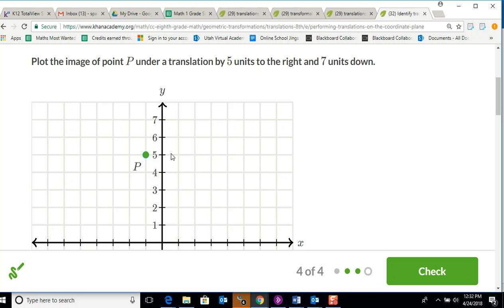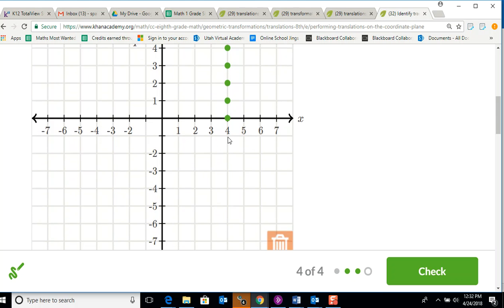So if I move 5 units to the right, 1, 2, 3, 4, 5 units to the right, and then 7 down, 1, 2, 3, 4, 5, 6, 7 units down.